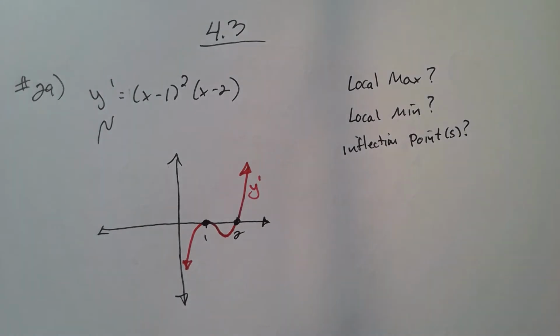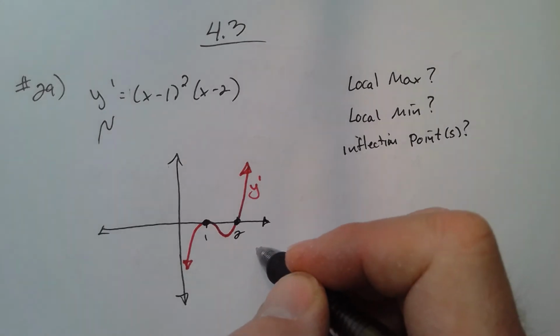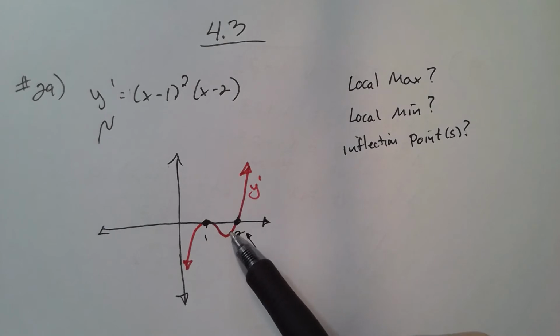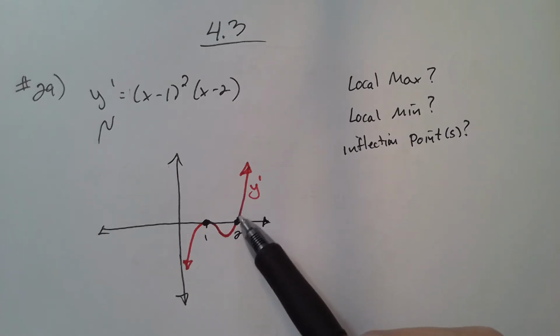Alright, so based on that, looking at first at x equals 2, to the left of 2, the derivative is negative because it's below the x-axis. To the right of 2, the derivative is positive. So the derivative goes from negative to positive.